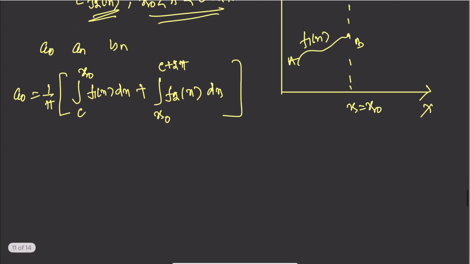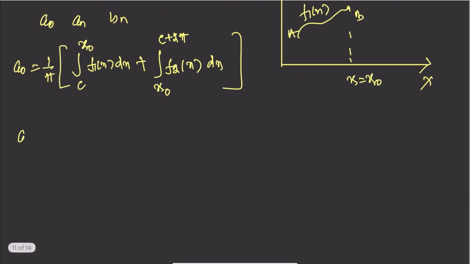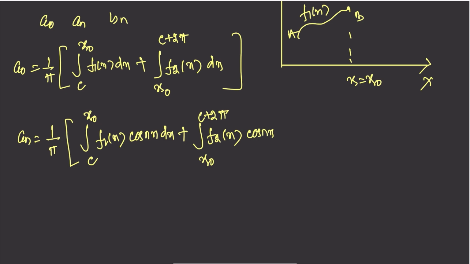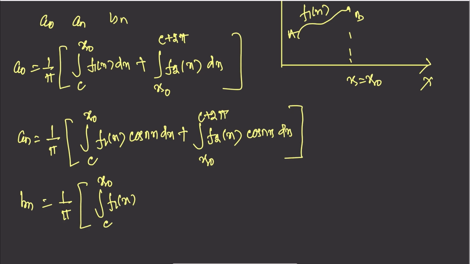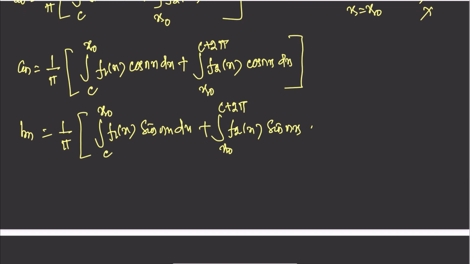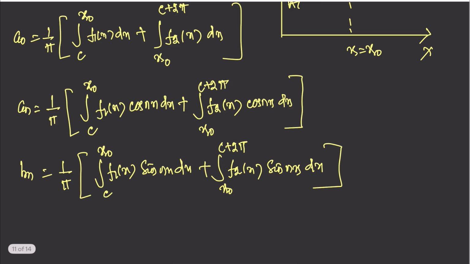In this way we can write an equals. These are the formulas for a0, an and bn for a discontinuous function.